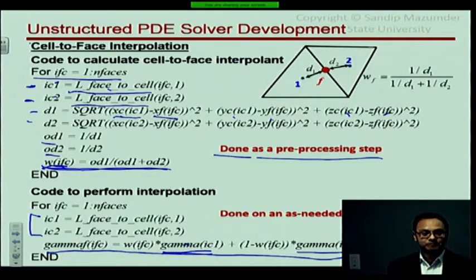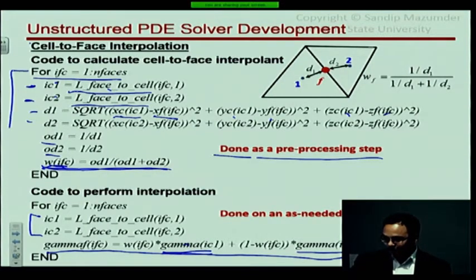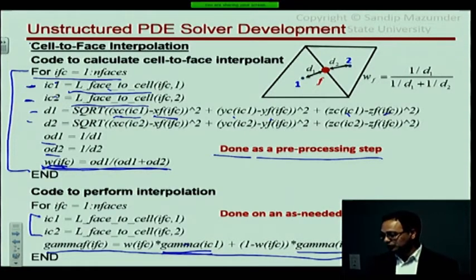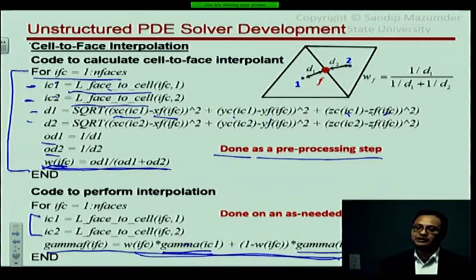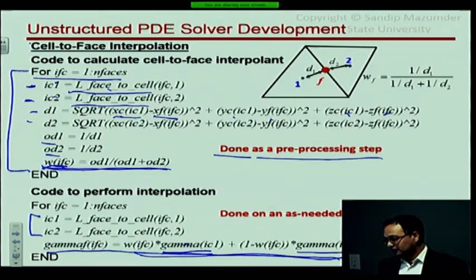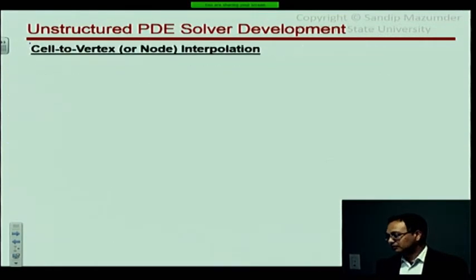You don't want to do these kinds of calculations again and again. It's very computationally expensive. So you just do that once and store that information. And then you just use that whenever you want face values. Any questions on that? Okay.